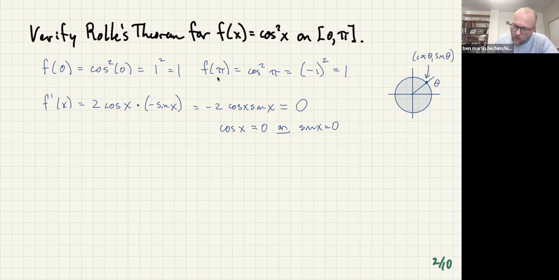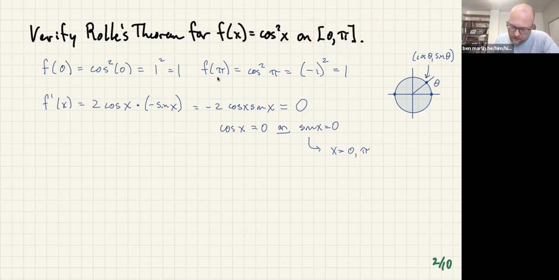The places where the y coordinate, sine theta, is equal to 0 are going to be at 0 and pi and 2 pi. So this sine x equals 0 part gives us x equals 0, pi, 2 pi, etc. But remembering that we're doing 0 to pi, those are the only ones we need to worry about.